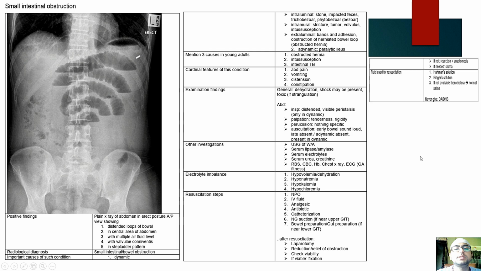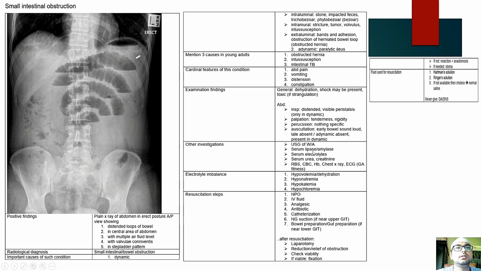And what are the investigations you will perform? In case of this, the most common, cheap, available test is ultrasonogram of the whole abdomen. Then we will try to find out if there is any large viscera inflammation or not, like pancreas. So we need to exclude that the patient might have pancreatitis. So we will go for serum lipase or amylase, and then serum electrolytes.